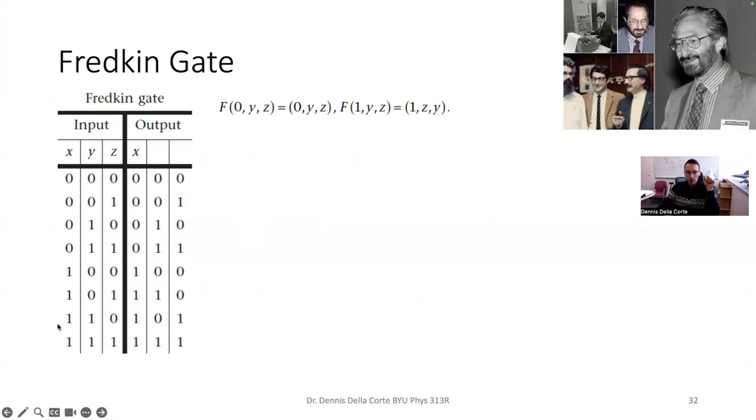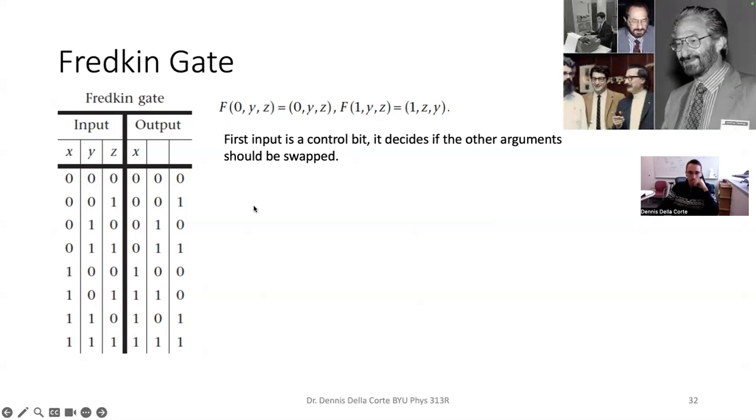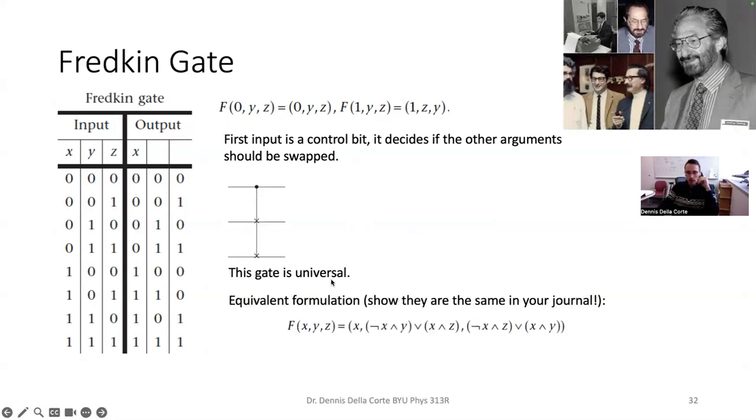But if my input X is 1, then my Y will become the X. So you can see if the Y was 0 and the Z was 1, then the Y becomes 1 and the Z becomes 0. So X is a switch that tells you if Y and Z should switch their value. So we call this the control bit. And it's represented like this. And similar to Toffoli, it's also a universal gate.